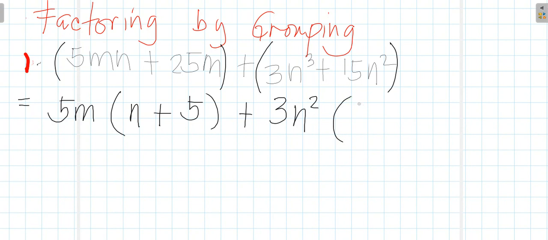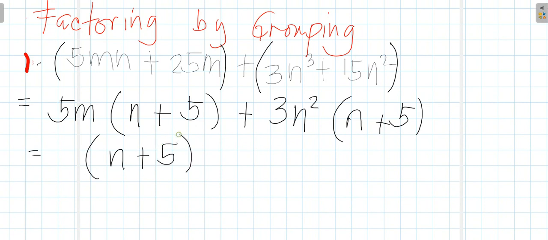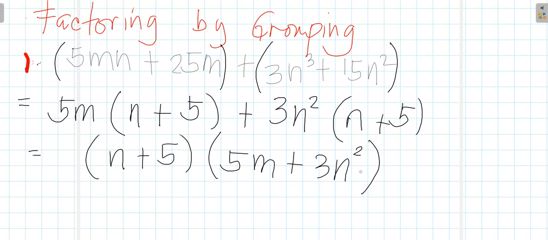Then divide 3n cubed divided by 3n squared is equal to n, plus 15n squared divided by 3n squared is equal to 5. So therefore, we have now the answer, get the common factor, (5m plus 3n squared)(n plus 5). So that's the answer.